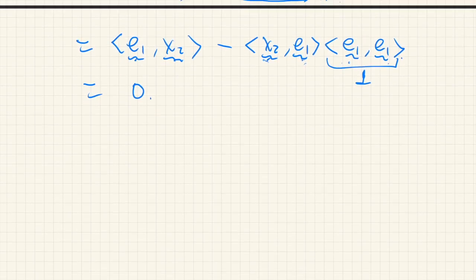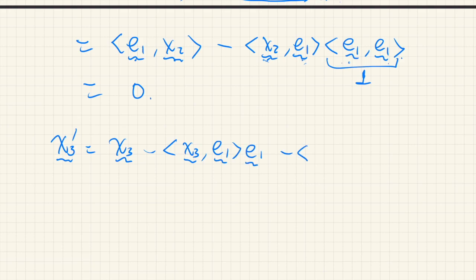Next, let's define x3 prime as x3 minus the inner product between x3 and e1 times e1, minus the inner product between x3 and e2 times e2.